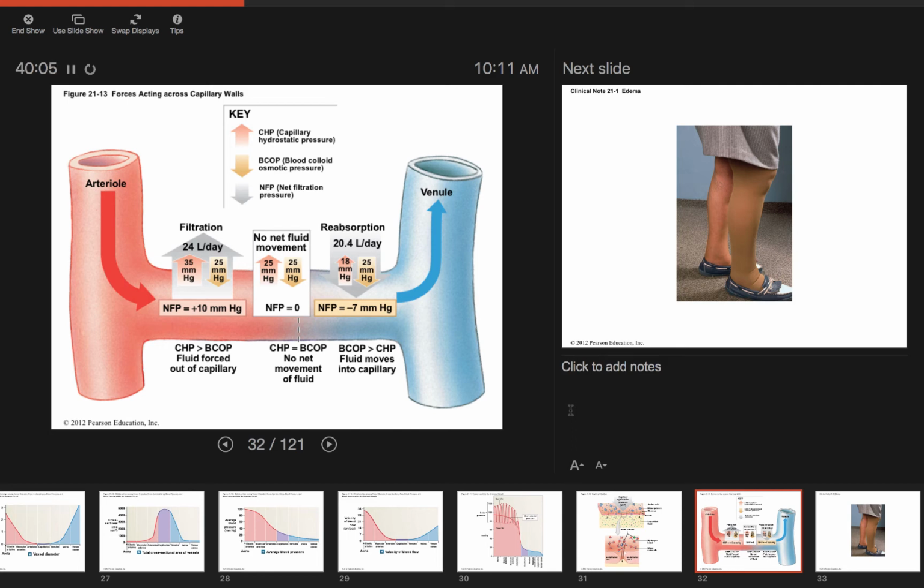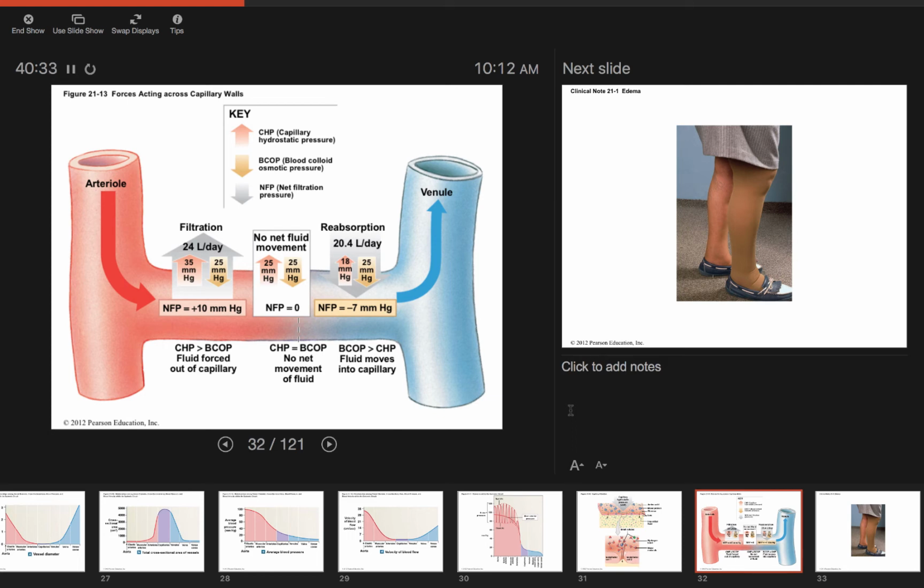You don't have as much protein in here, right? So you're not going to have as much reabsorption. It's going to decrease it. Right, so you're getting water being pushed out, but not coming back in. So they're going to have some edema and swelling and a little dehydration, right? Because their blood is not going to have the amount of fluid that it should have.